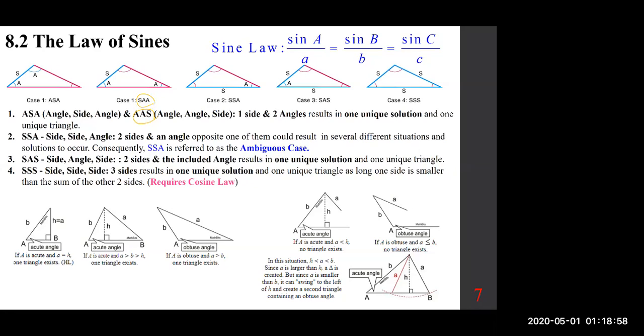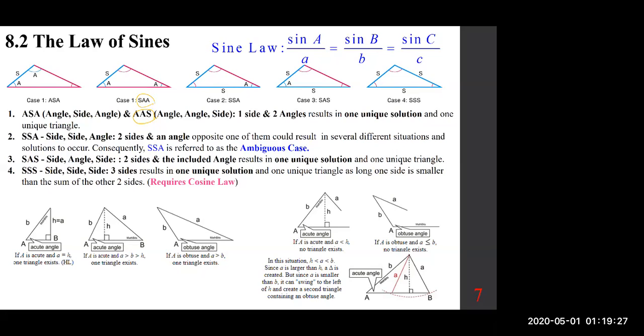Okay, that means less than 90 degrees. If A is identical to H, we have an answer. Actually, it's a right triangle. Okay. If we have a situation that H, the height, is less than both A as well as B, okay, then one triangle exists. It's a unique solution.